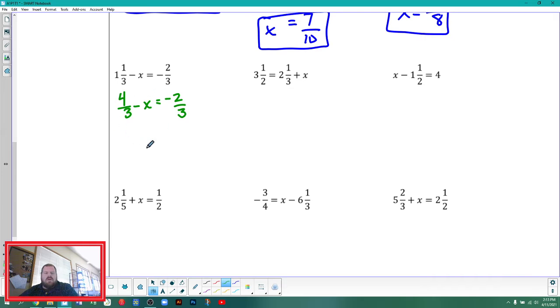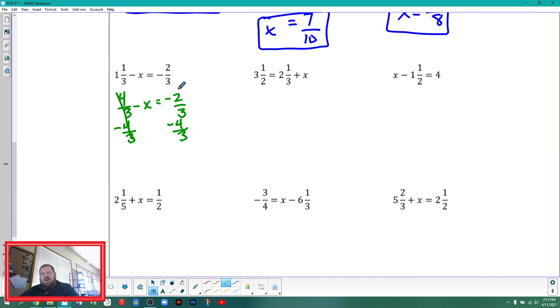This one's a little bit tricky, okay? And you want to pay attention to how this works. The 4/3 is technically positive. The x is the thing that's negative. So this is a little bit more like almost a two-step equation. I do have to subtract the 4/3 since it's already positive. I need to subtract it.